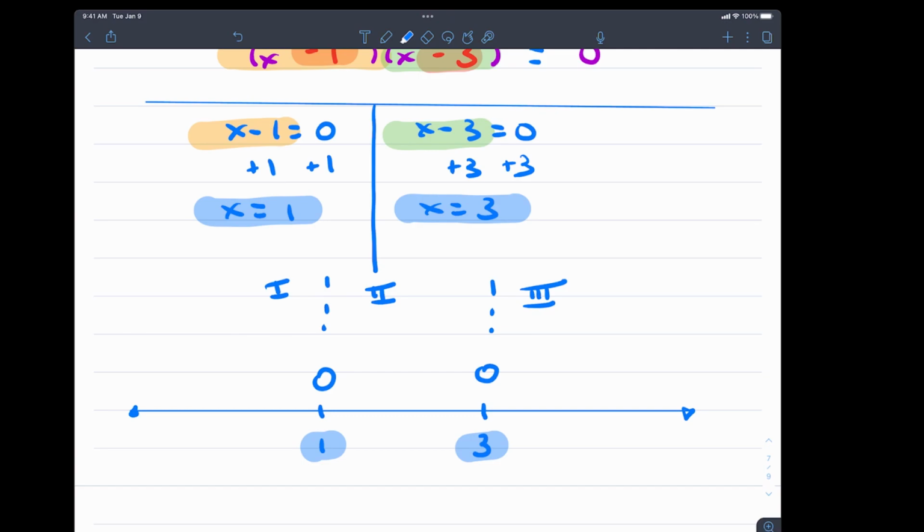So what comes next? You guys remember we have 3 regions. You got region 1. And I'm going to go back and erase this because it's only somewhat associated with the regions. Region 1. Trying to draw an arrow.